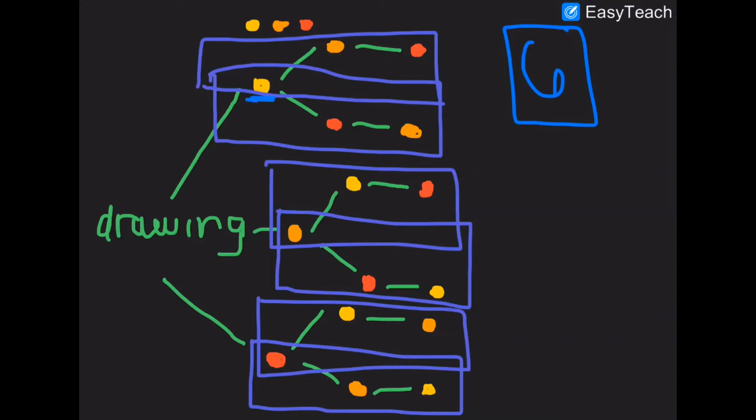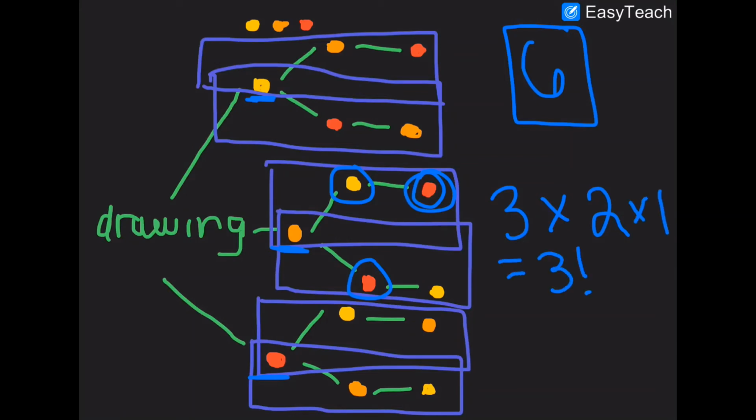Well, we have 3 marbles we can choose for the first one. Then, no matter which marble we pick, we have 2 other marbles that we can pick. And no matter which marble we pick after that, we only have 1 marble for the last one. And this is equal to 3 factorial, which is 6.